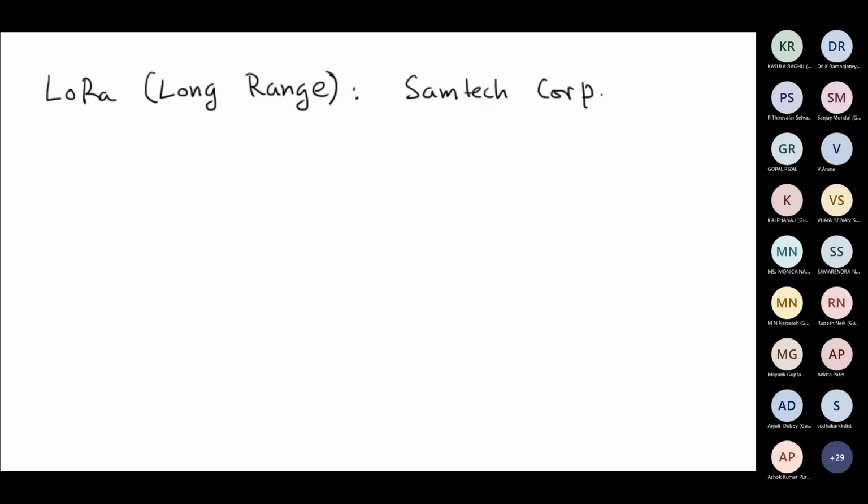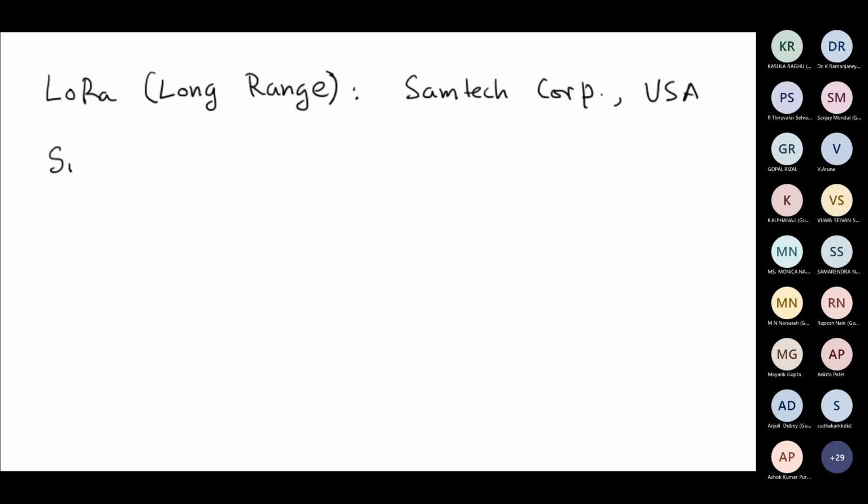So there are quite a few LPWAN technologies in the current market. Some of the most prominent names include a technology known as LoRa, which is the short form for long range. It is marketed by a company known as the Semtech Corporation, which is a USA-based company.